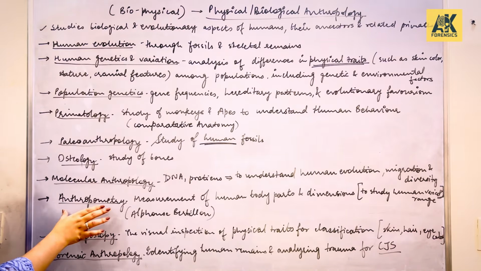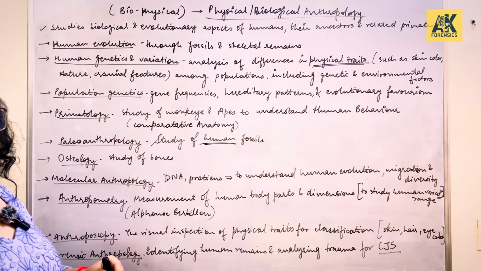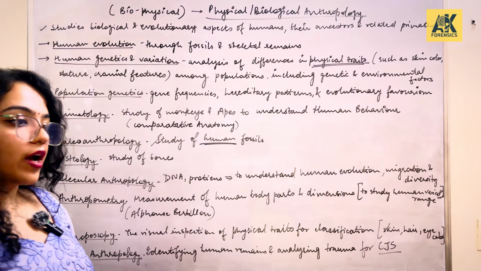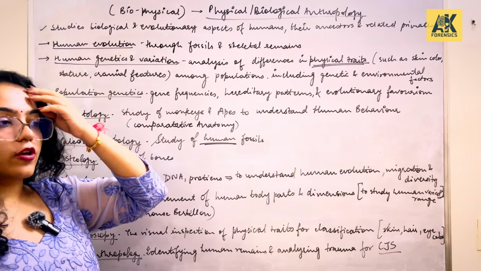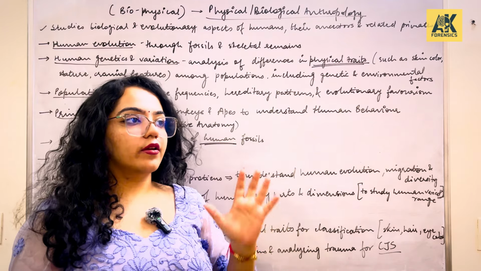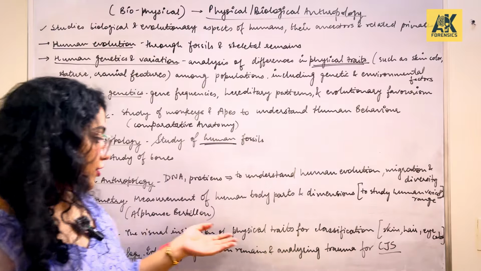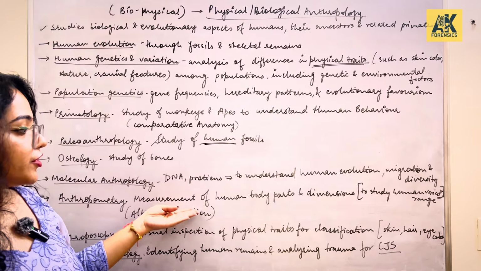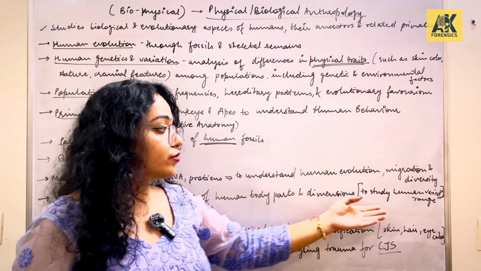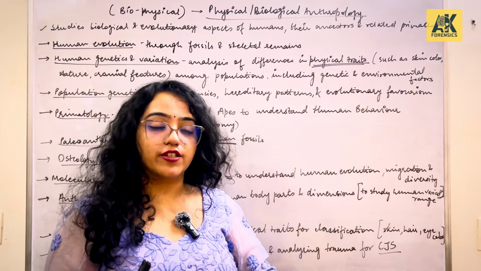Then there comes anthropometry. Anthropometry is a very useful and a very important branch of this physical anthropology that we will be using a lot during forensic anthropology discussions. It is actually the measurement of human body parts and dimensions to study the human variation range.